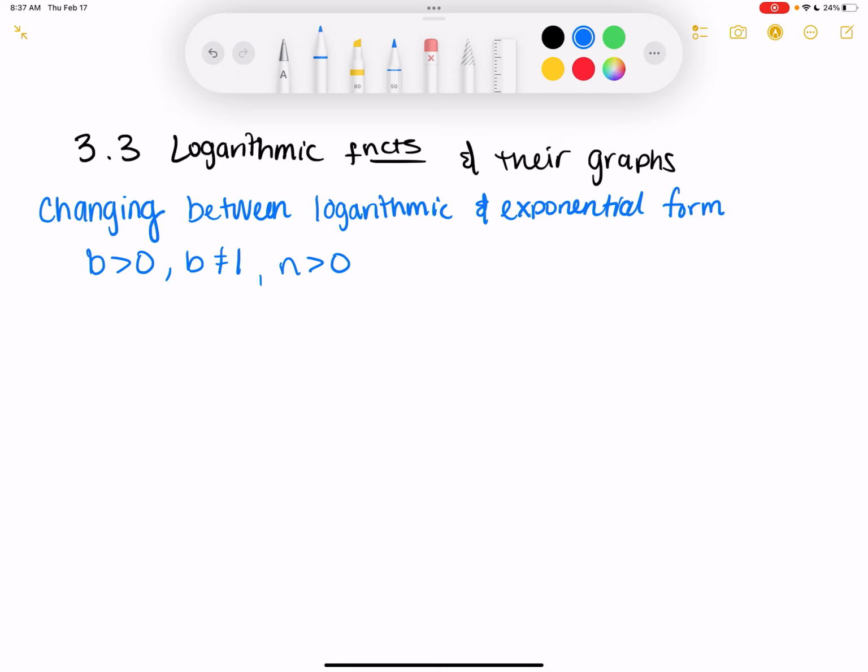If we have the log base b of some number n is equal to some power p, and we have that base b raised to power p is equal to some number n, I'll show you again how to convert from one to the other. I'll let y'all get those written down first.